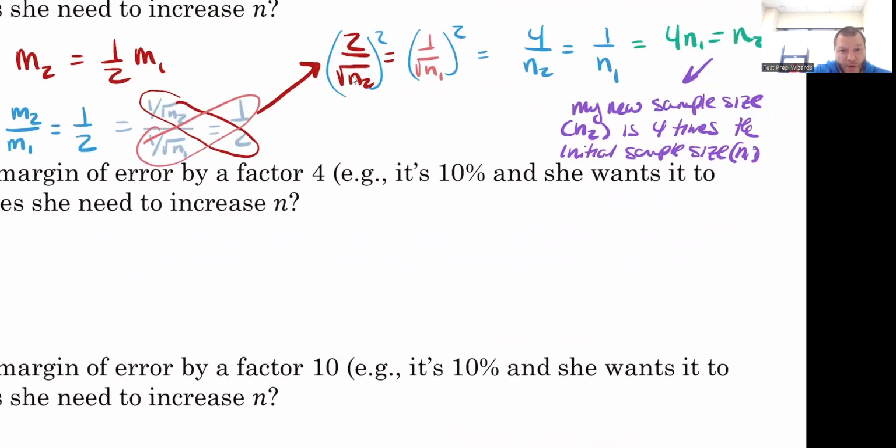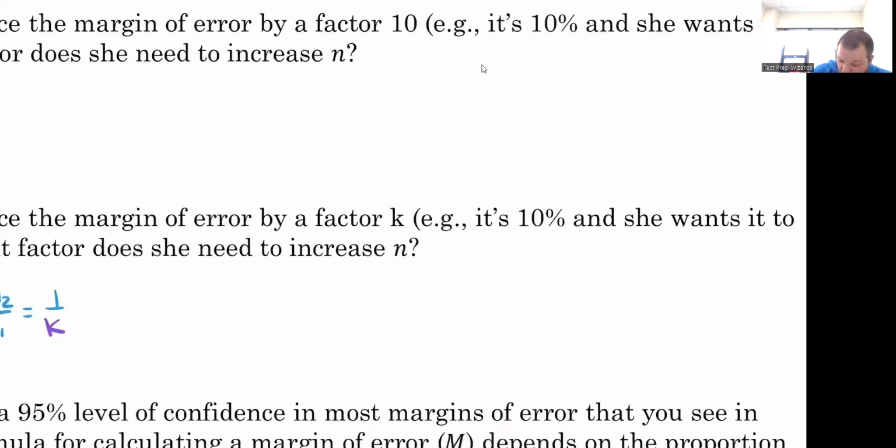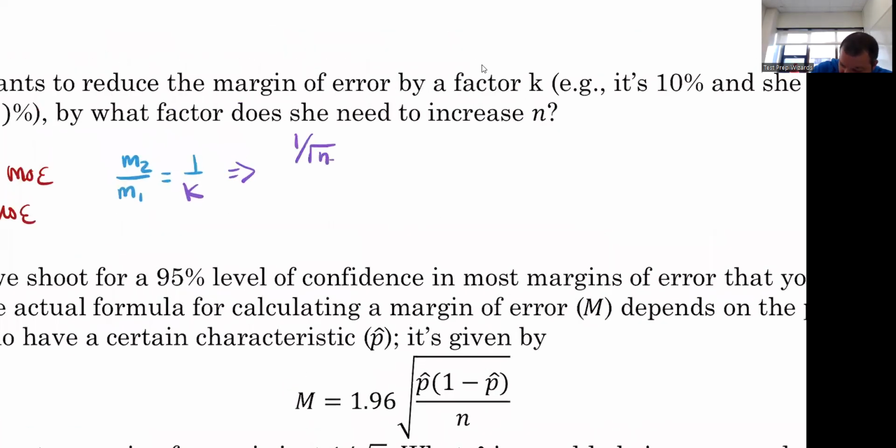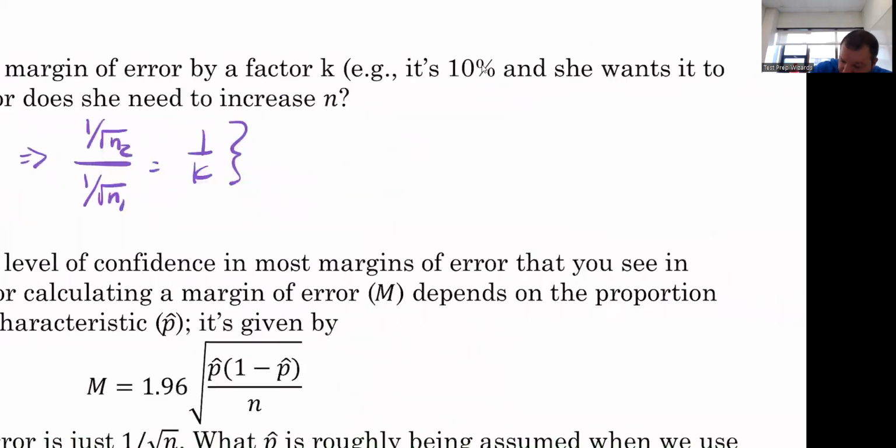We'd cross multiply, getting K over the root of N2 equals 1 over the root of N1.